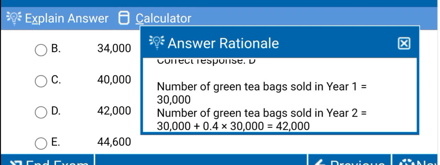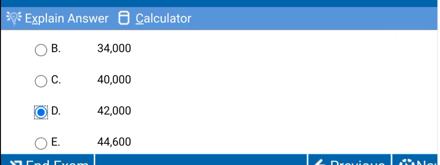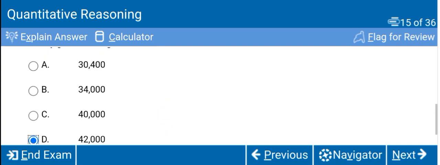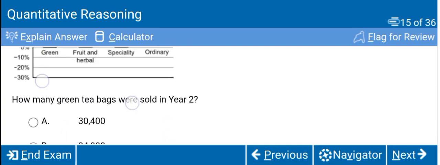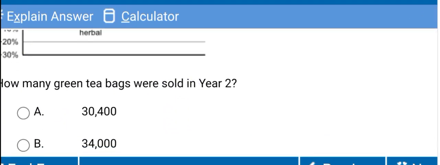So that's how we have the correct option is option D. 42,000 tea bags were sold in year 2.